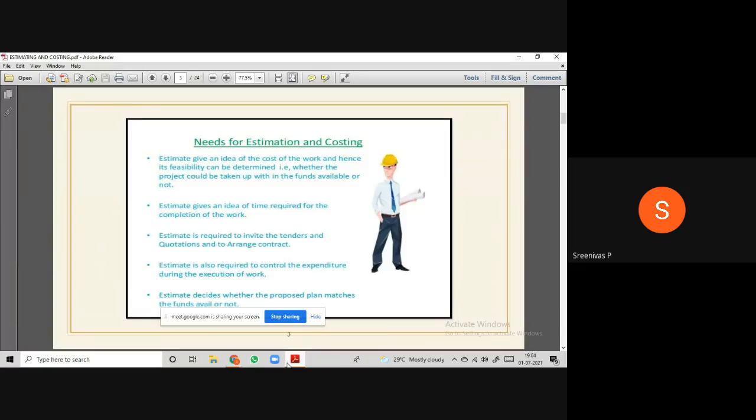The estimate gives an idea of the cost of the work, and hence its feasibility can be determined, whether the project could be taken up within the funds available or not. The estimate gives an idea of time required for the completion of the work. So here we are telling that it requires some time.